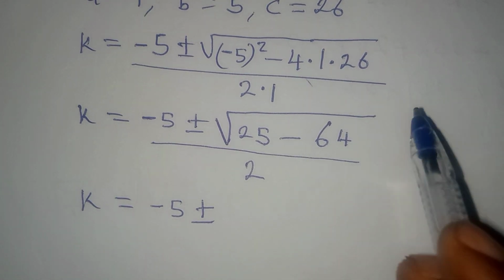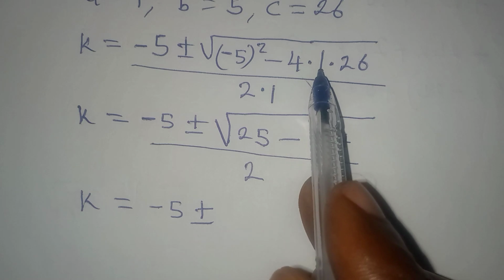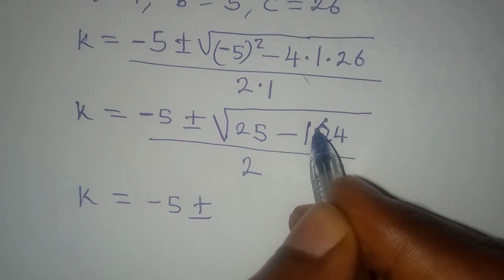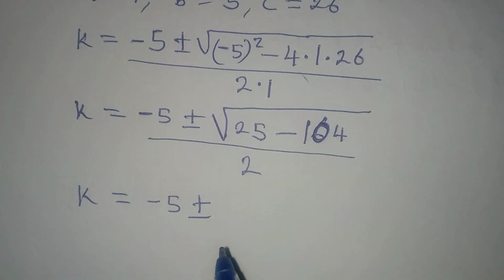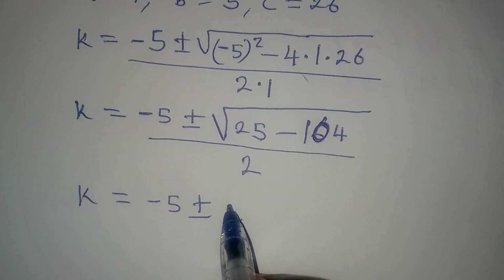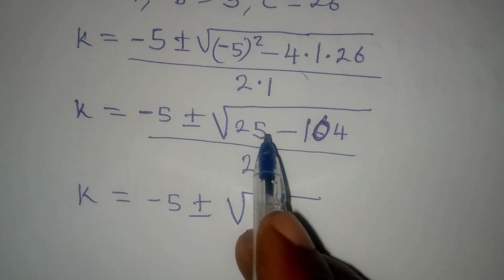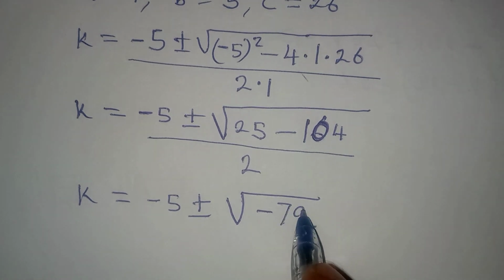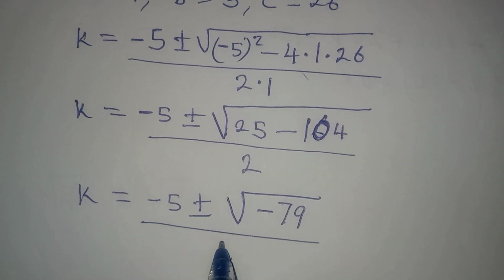Okay, so there's a mistake actually. 4 times 1 times 26 is not 64, it is 104. Okay, it should be 104. And then from here now we have 25 minus 104, and that will give us negative 79 over 2.